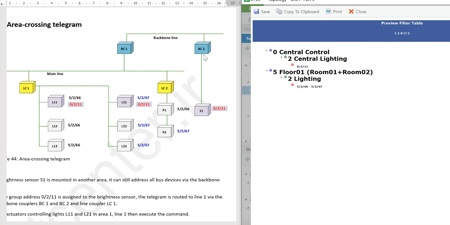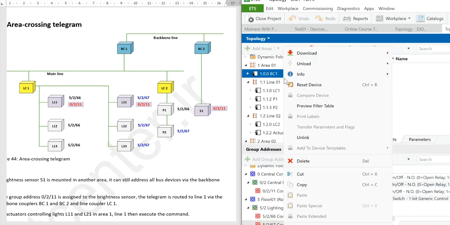It should be routed through backbone coupler number 2, backbone coupler number 1 and line coupler 1. So 5/66, 5/67 and 0/11 are open here. Of course, 0/11 should also be open in backbone coupler number 2 and backbone coupler number 1. We can check it, no problem.